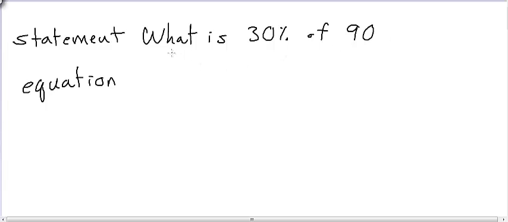As I said, what is the same thing as saying what number, so I'll make that my variable. I'll call it x. Is interpreted as an equation. 30%, I need to change to a decimal whenever I involve it in an equation. So I'll say it as 0.3 or 0.30, doesn't really matter. Of is translated to multiplication, and 90 is 90.